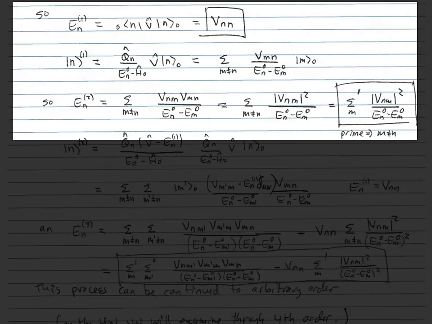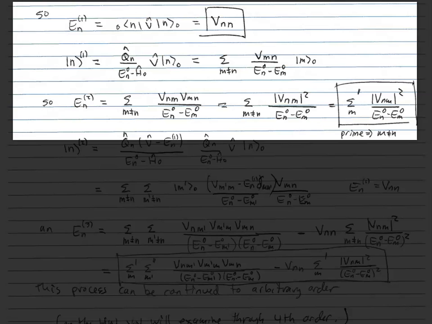I first am going to do the expansion and write the sum, m not equal to n, of Vmn over (En⁰ − Em⁰) times |m₀⟩. The way that we're getting that is by just plugging in the fact that Qn has that |m₀⟩⟨m₀| product in it. And then I can easily see that I'm going to pull out a term that has ⟨m₀|V̂|n₀⟩, and that's the matrix element we call Vmn.